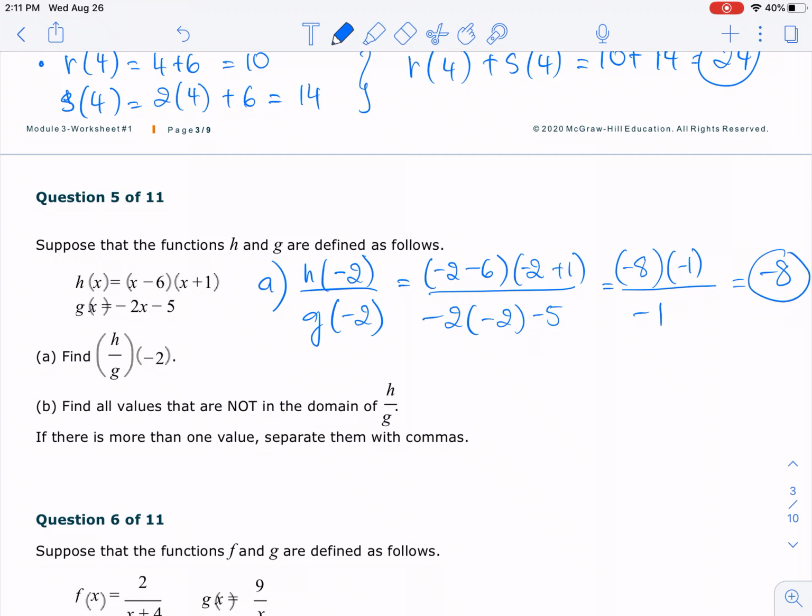All right, so for part B, they're asking you for the values that are not in the domain. Every time we have a fraction, we don't want 0 on the bottom. So the values that are not in the domain, that's when the bottom, which is g(x), is 0. And g(x) is negative 2x minus 5.